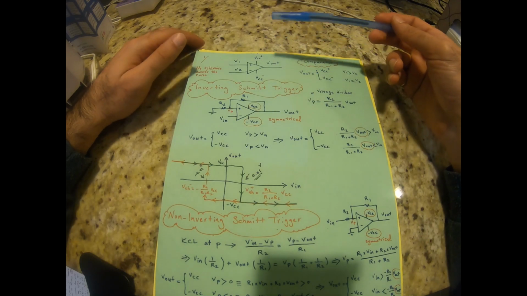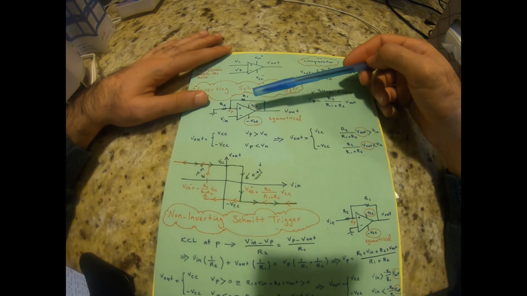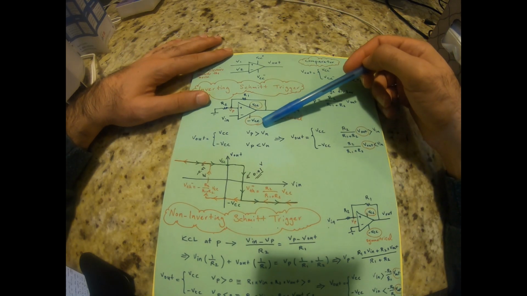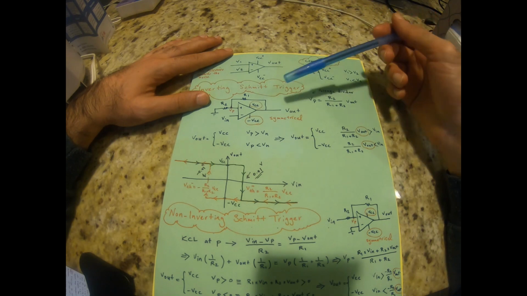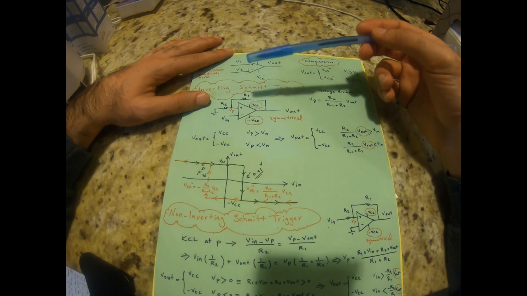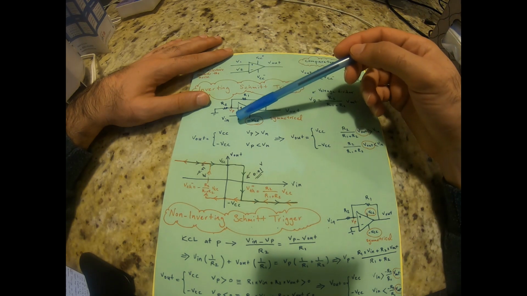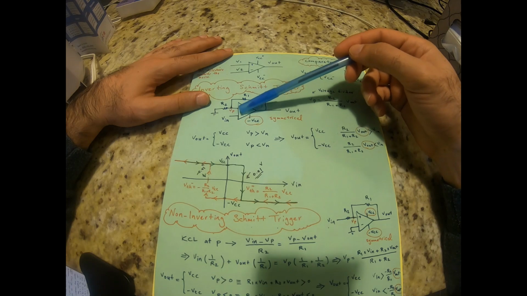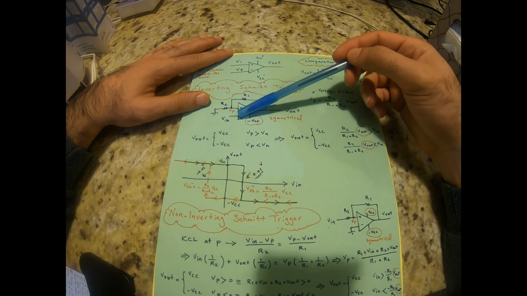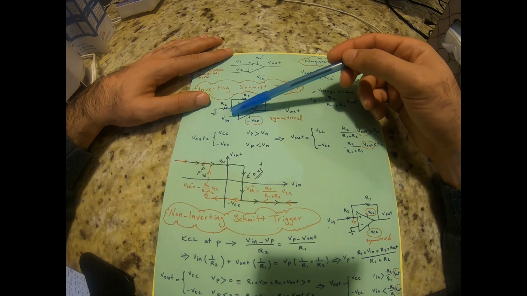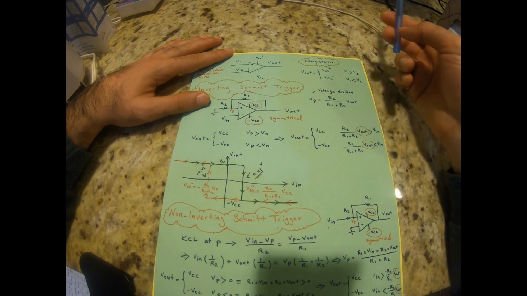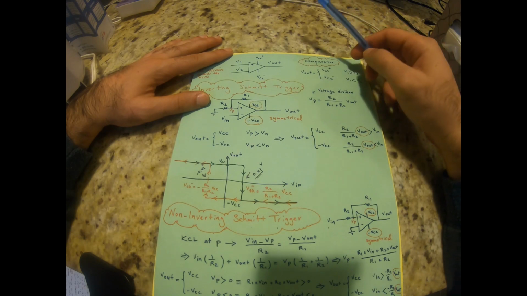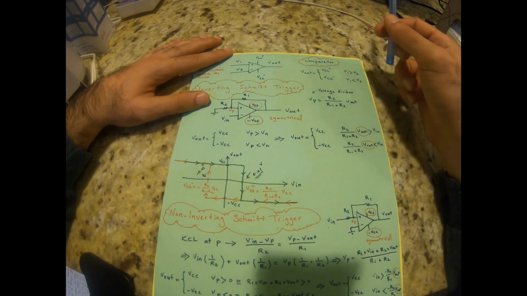First, analyzing a simple case where the negative power supply and positive power supply have the same absolute value. As you remember, the op-amp has a very huge input resistance, and because of that, the input current that goes inside the op-amp is very negligible, so we can assume it's zero.